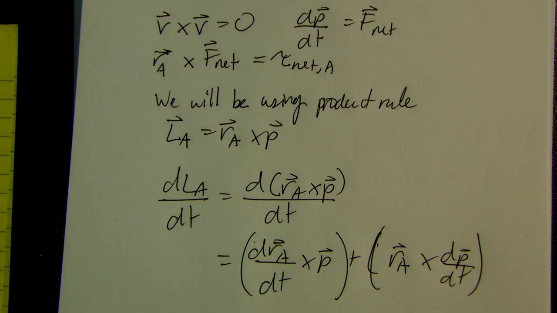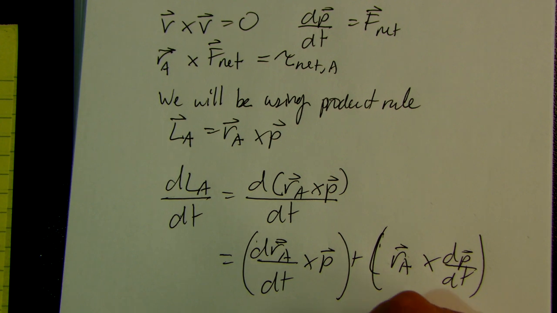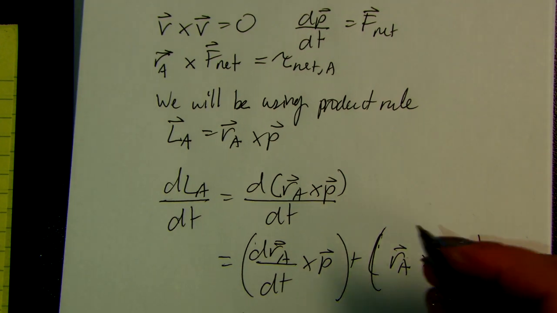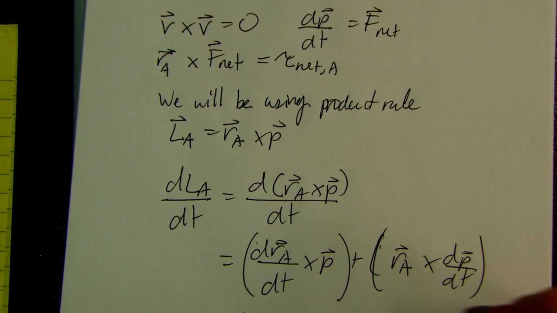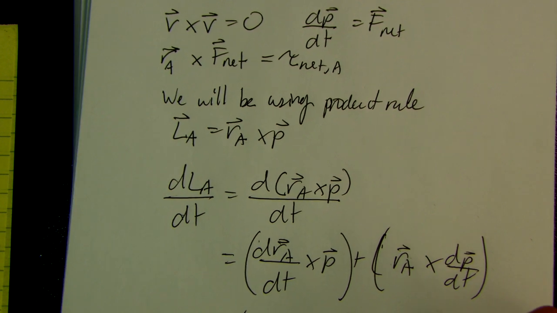And so this is equal to V crossed gamma mv plus R_A cross dP/dt.